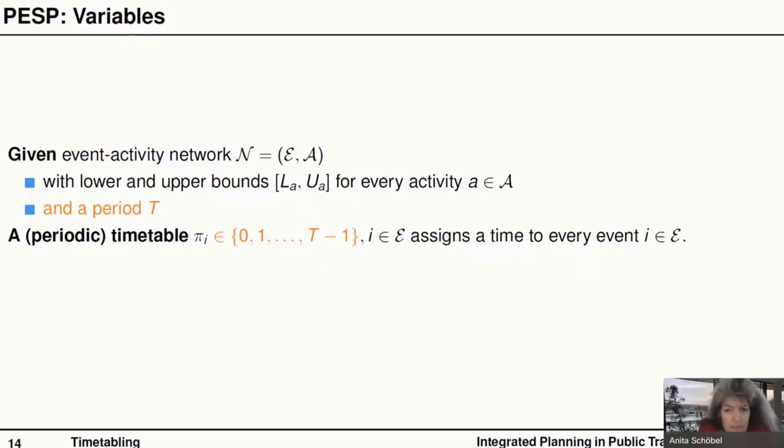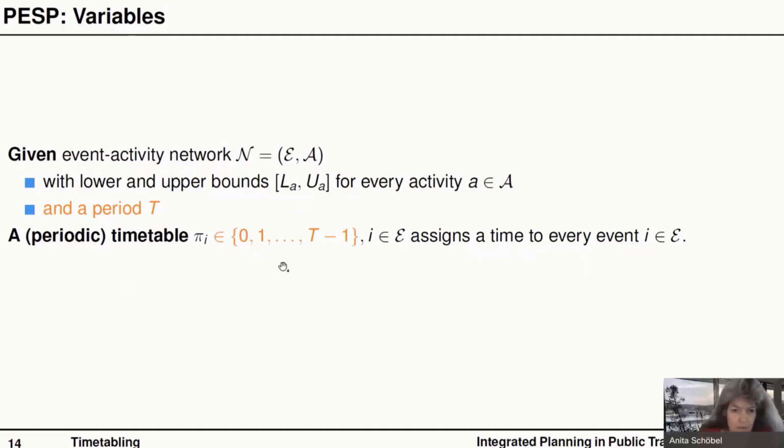If the period is 60, we want to repeat everything after 60 minutes, so it is enough to choose one number between 0 and 59, because then we know if the bus is coming at 20 past, it will come at 8:20, 9:20, 10:20, and so on.